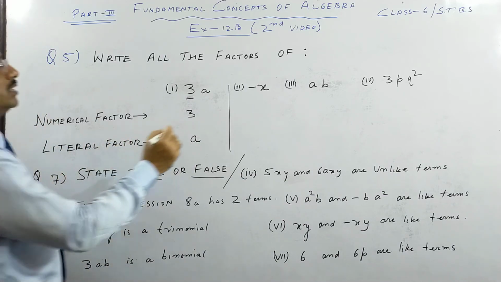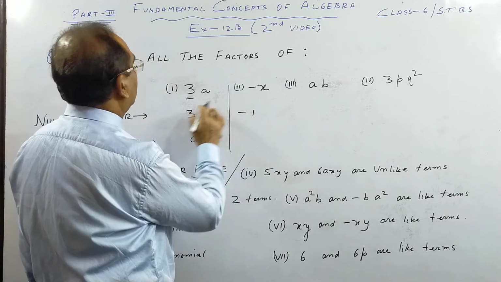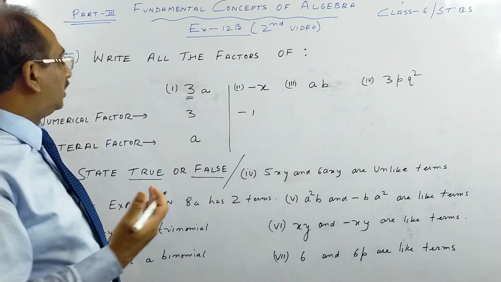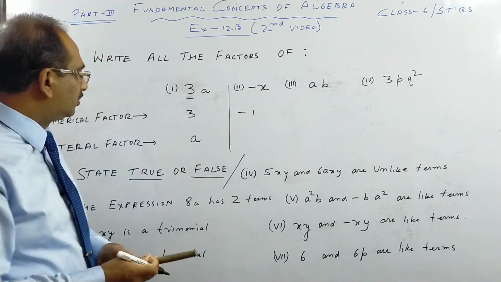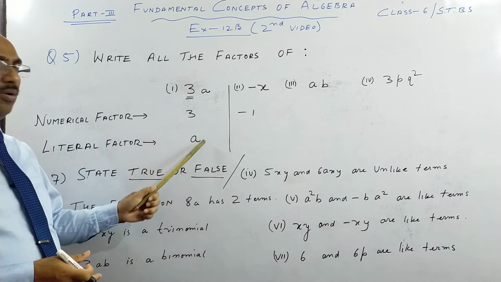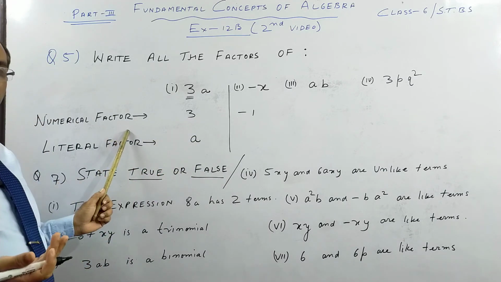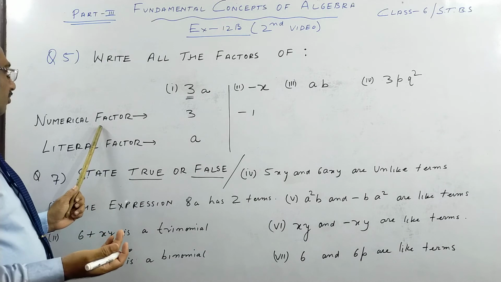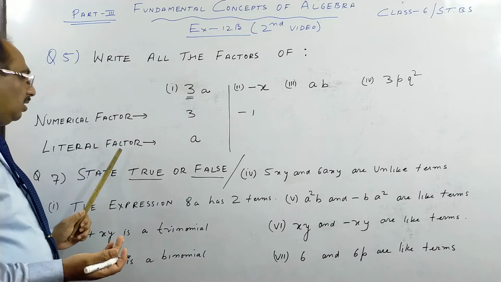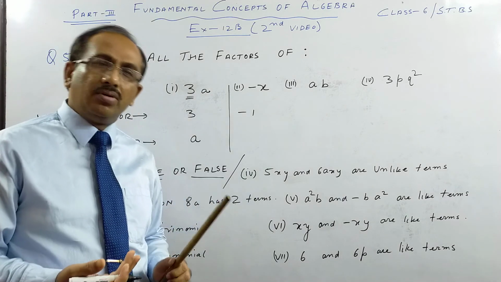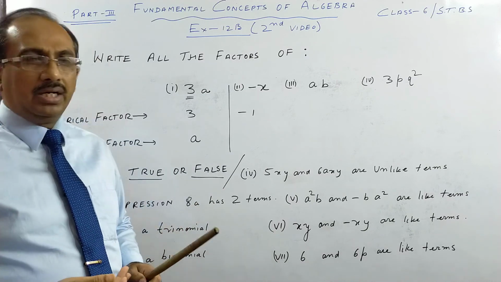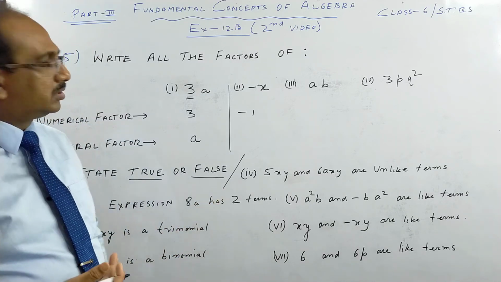Same way here -1 will be yours. Actually the question is saying all the factors, so the answer they have given is 3 comma A, but just to make your understanding better I have divided it into numerical factor and literal factor. Some very good solved examples are there in the book. Kindly see that, it will aid your understanding.